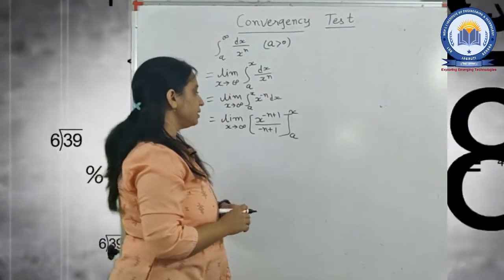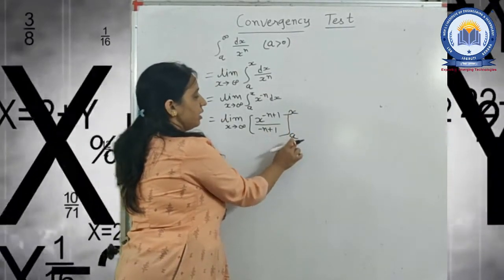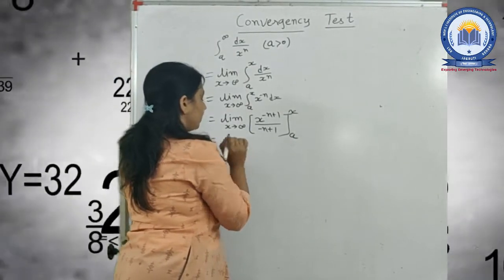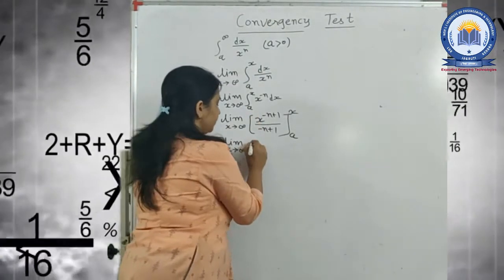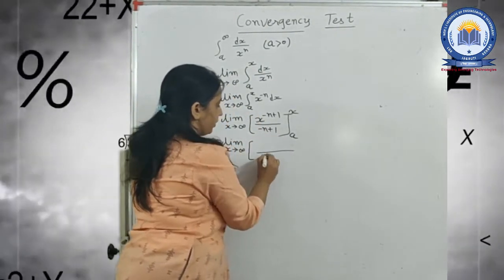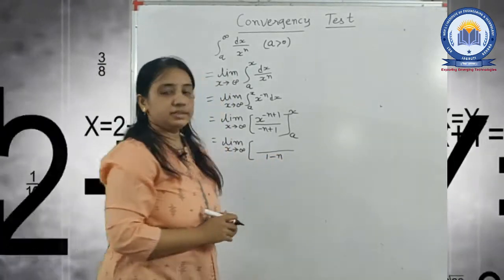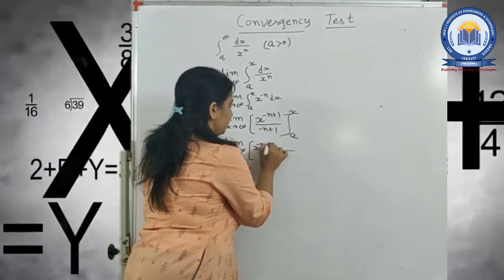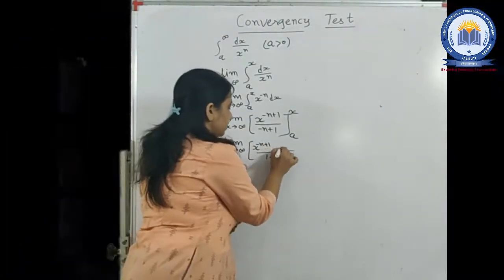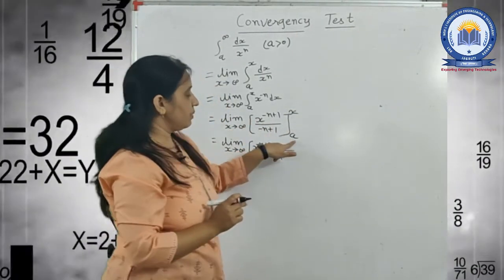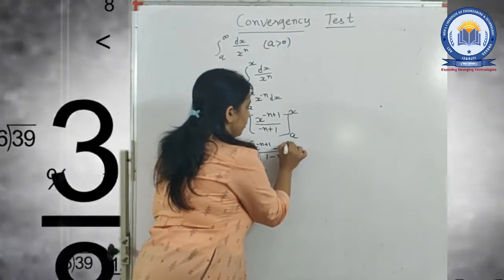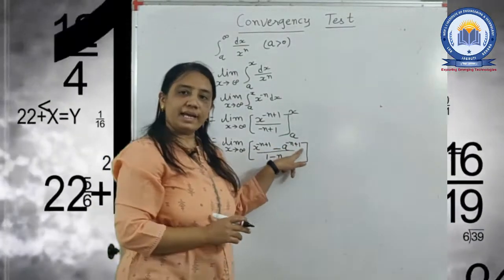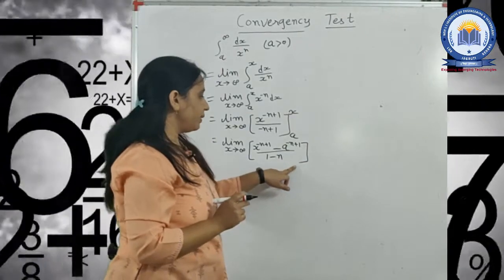We rewrite it with the boundary: the limit as x tends to infinity, minus n plus 1 is rewritten as 1 minus n, x raised to 1 minus n stays as it is, minus, instead of x we put a, so a raised to 1 minus n. So it will be like this.